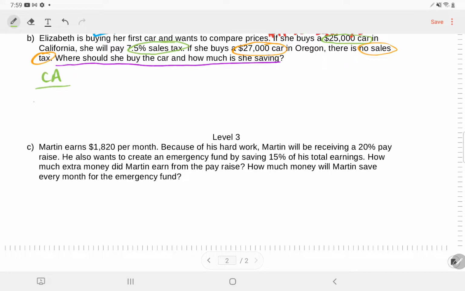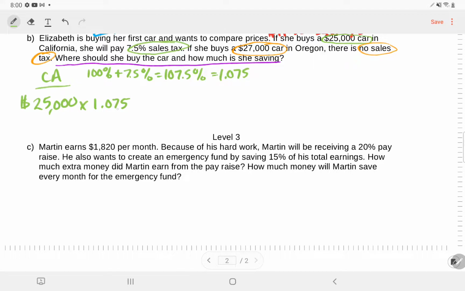So if we take $25,000, we're going to multiply that by 1.075 because 100% the original price, add in the 7.5%, will give us 107.5%, which equals 1.075 as a decimal.